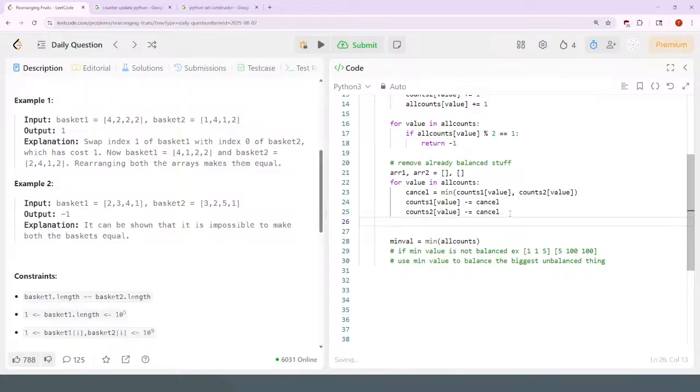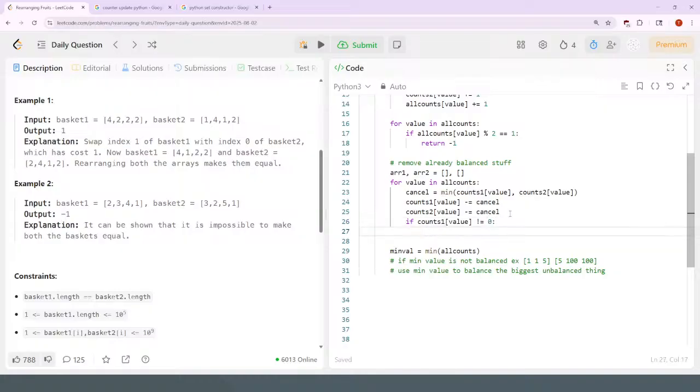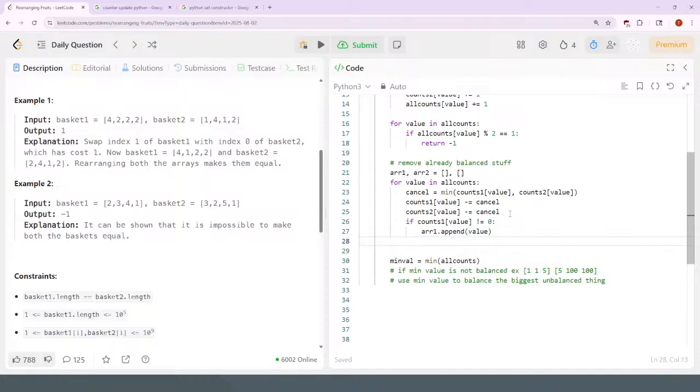So if count 1 of this value does not equal 0, then array 1 dot append this value. And this is just keeping track of the overall value itself, not the frequency of it occurring.